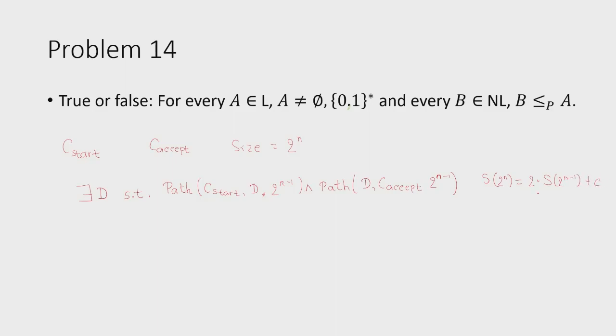I don't care about the constant. If you solve this recursion completely, you would get that S(2^n) is order 2^n, but that is too large for us. That's the problem, right? And then what do we do?